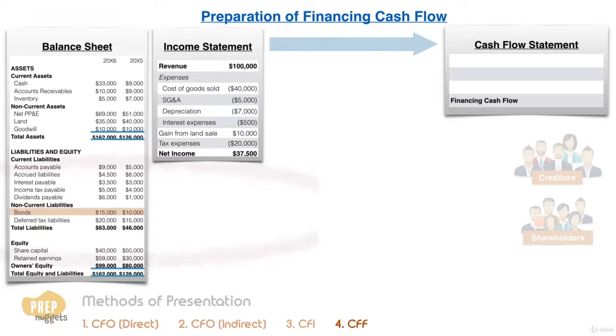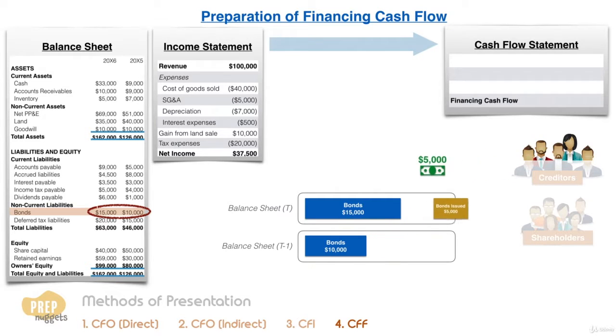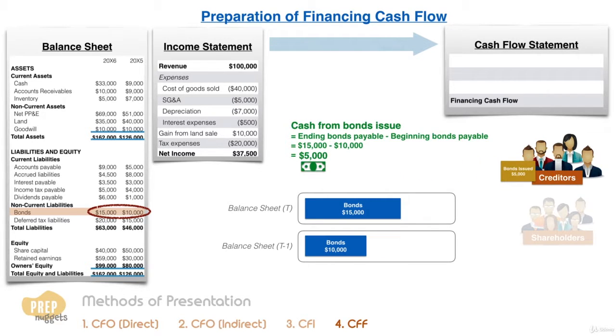First, we observe that the bonds issued have increased from $10,000 to $15,000. This suggests that $5,000 worth of bonds were issued during this period. Since the firm received $5,000 cash from the creditors, we record this under CFF as a cash inflow of $5,000 from bonds issued.